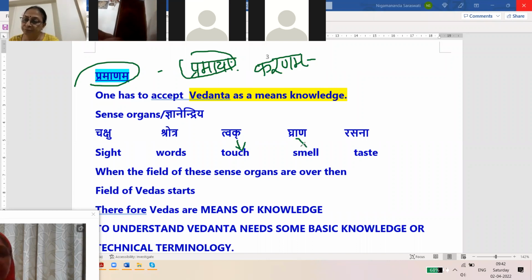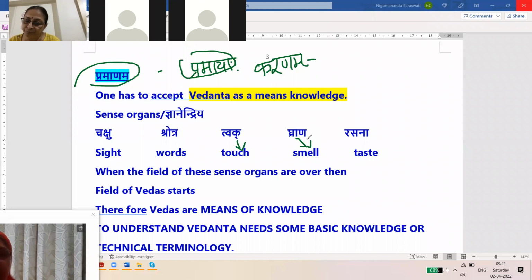To smell something, whether it is stinking or has a very good smell, our nose is the pramanam. And to taste something, whether it is sweet or salty, the tongue is the pramanam. So in Sanskrit, in the Shastra, these all five are called Gnanendriya. These Gnanendriya are called Pramanani.